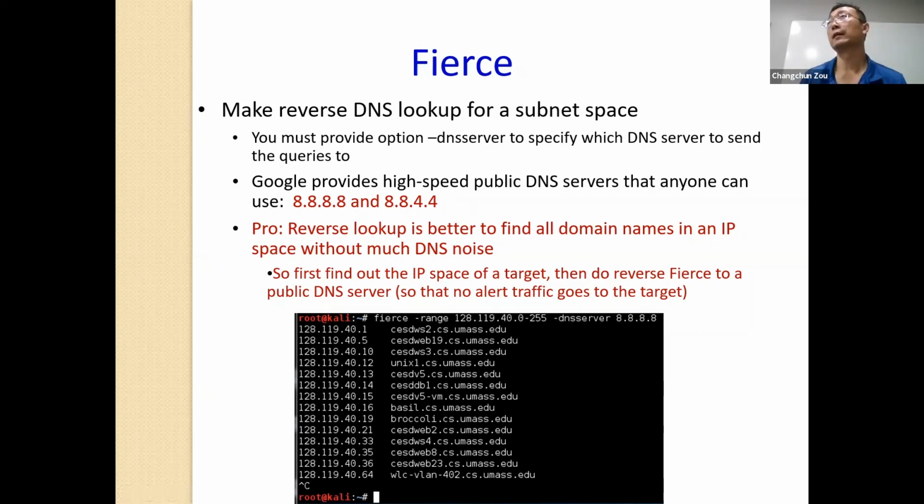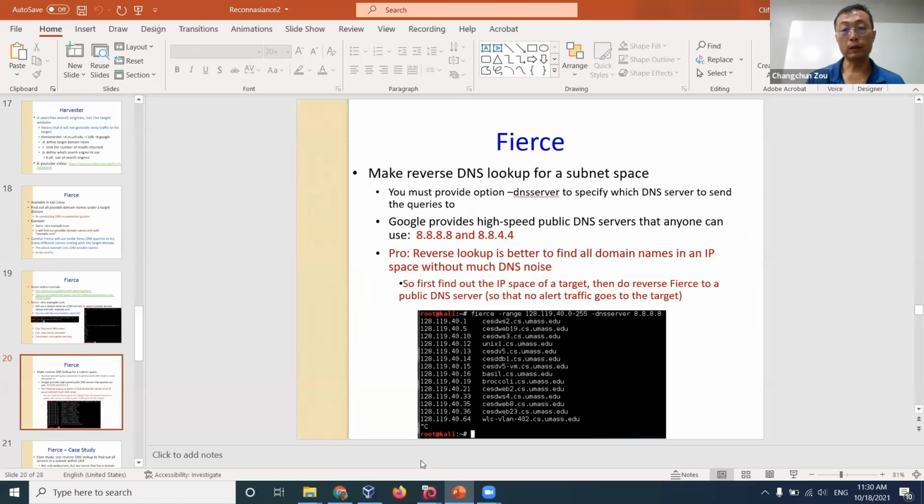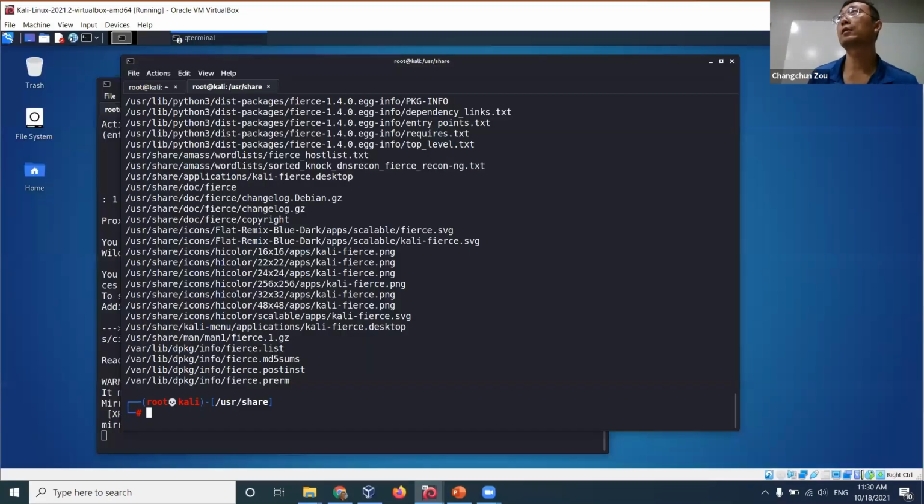Suppose you want to find, let me just use my PhD college as an example, because they have a lot of servers, UMass computer science. Suppose I want to find out what domain names have been declared in the UMass computer science department.